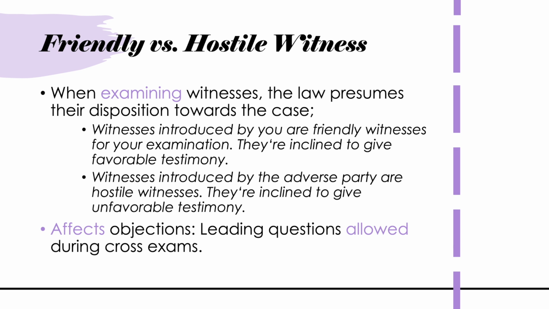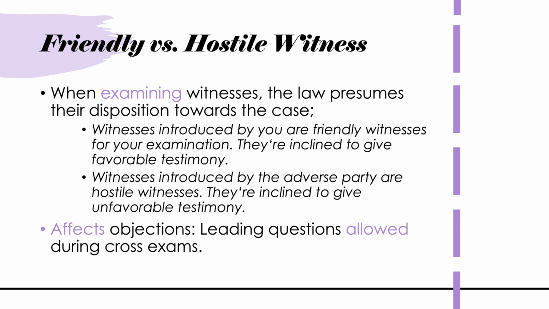And witnesses introduced by the adverse party are hostile witnesses. They're inclined to give unfavorable testimony. And this differentiation between friendly and hostile witnesses simply affects your objections. You can object to leading questions during direct examination, so during examinations of a friendly witness.